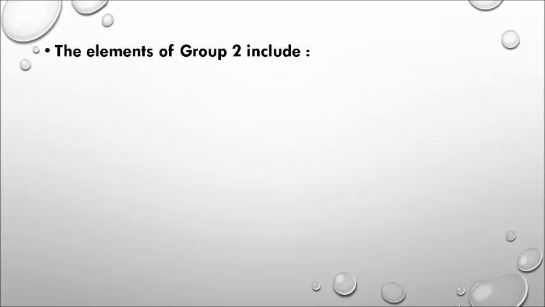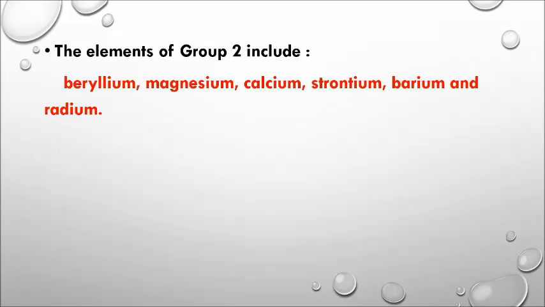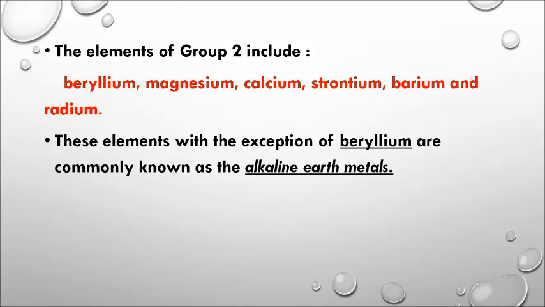Now group 2 consists of which elements? Beryllium, magnesium, calcium, strontium, barium and radium. These are the elements of group 2. And these elements, with the exception of beryllium, are commonly named as alkaline earth metals.